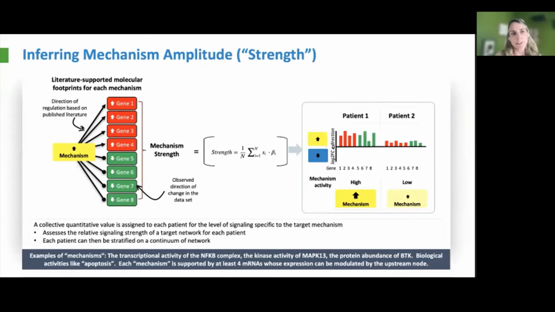In this particular case, there is no conflict between the predicted direction of this mechanism and the downstream genes, meaning that the knowledge base says that an increase in this mechanism should yield an increase in gene 1, and in fact, that's what we see in the data. So what we can do is summarize all of the fold changes from these genes, and do that on a sample by sample basis.